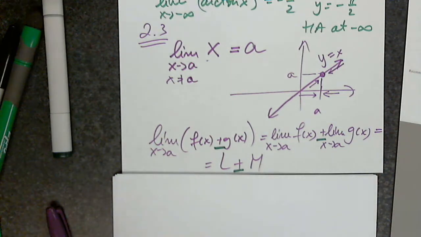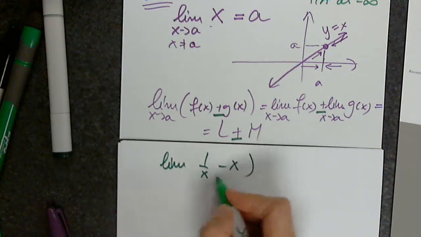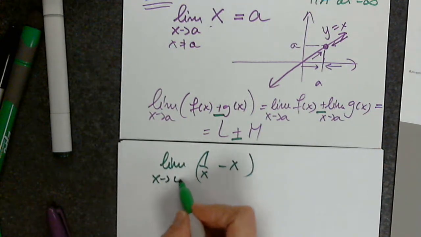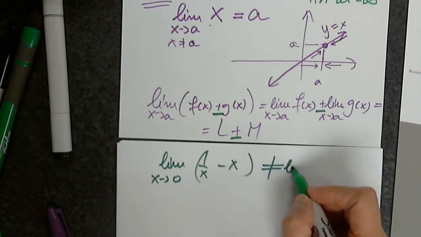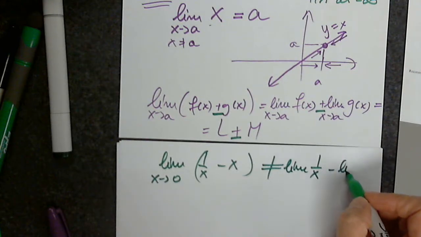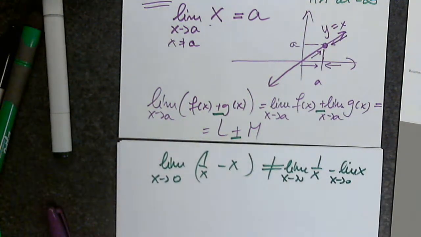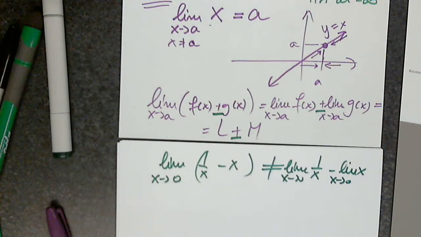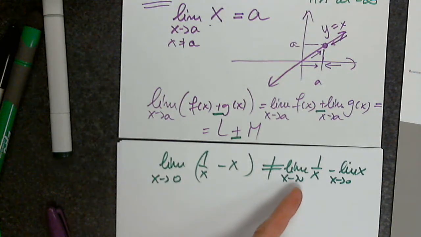So here's an example. The limit of 1 over x minus x as x approaches 0. You cannot write limit of 1 over x minus limit of x as x approaches 0. Can anyone tell us why we cannot write that? Because the limit as x approaches 0 of 1 over x does not exist.